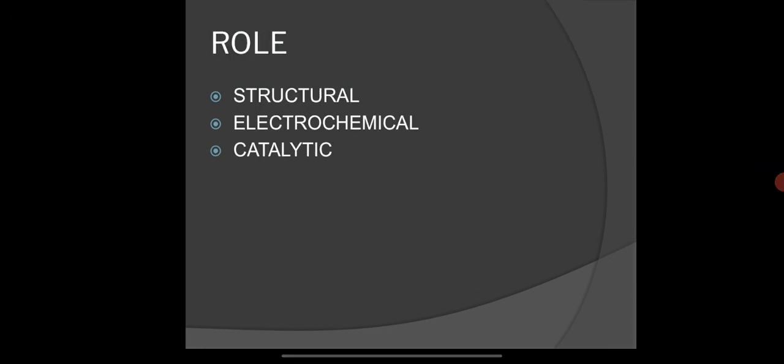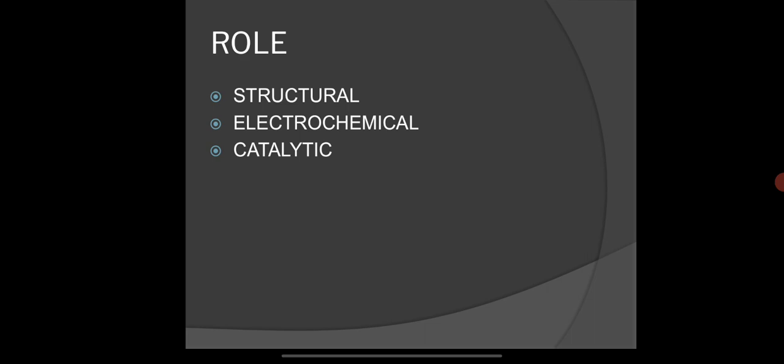These essential elements play some roles inside the plant. They are combinedly divided into three: first, structural role; second, electrochemical role; and third, catalytic role. The first one, structural role.